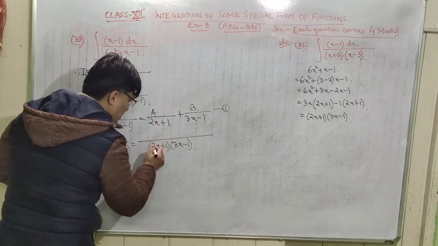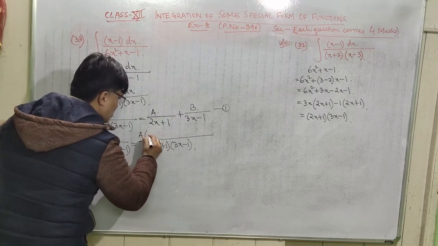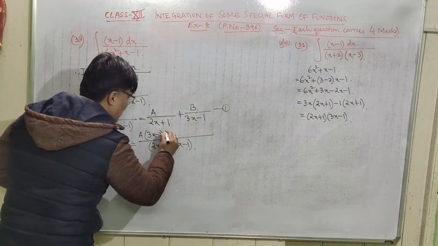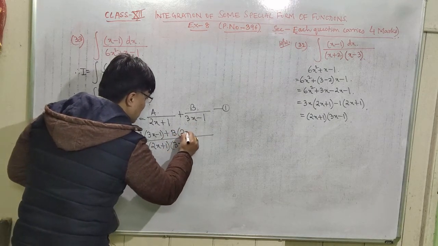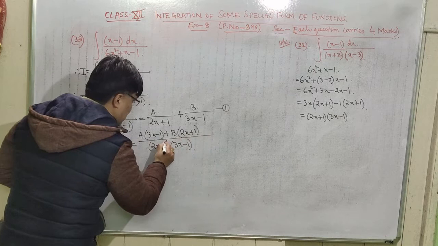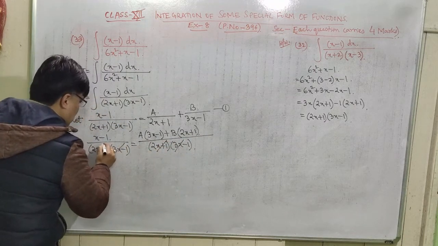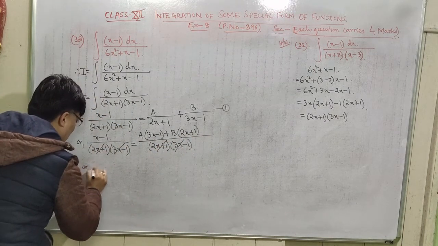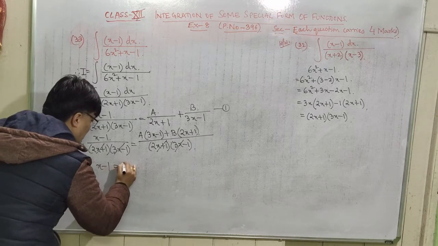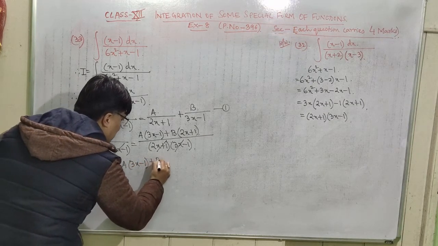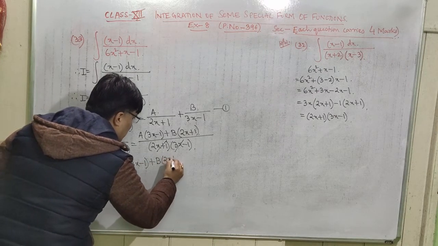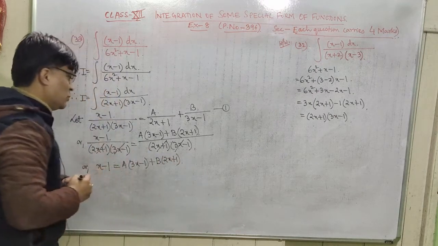Here 2x plus 1 gets cancelled, so A into 3x minus 1 plus B into, again here 3x minus 1 gets cancelled, you'll get 2x plus 1, right? So these denominators will be cancelled, or x minus 1 is equal to A into 3x minus 1 plus B into 2x plus 1.